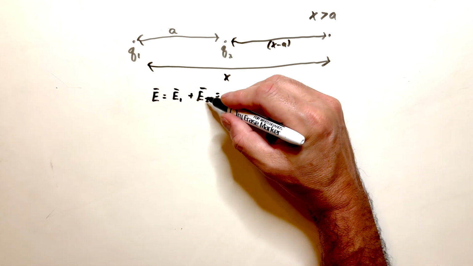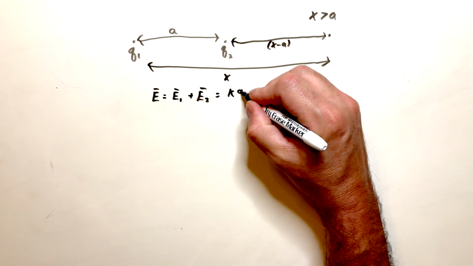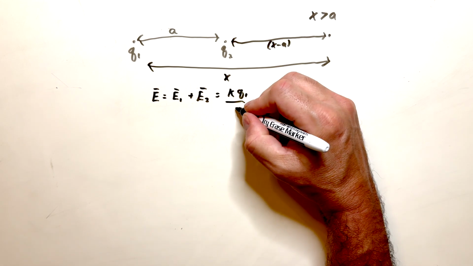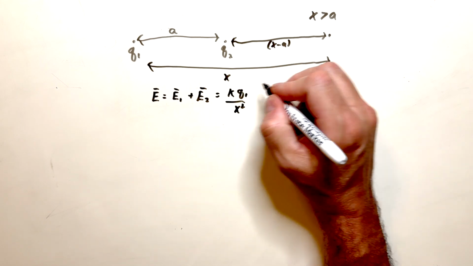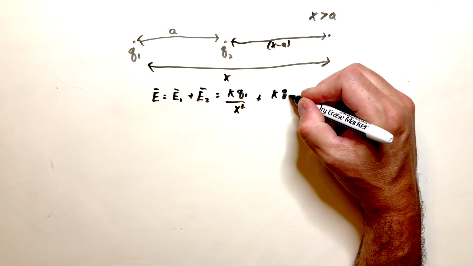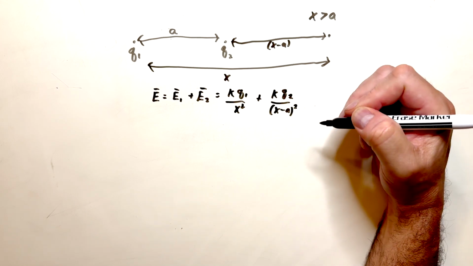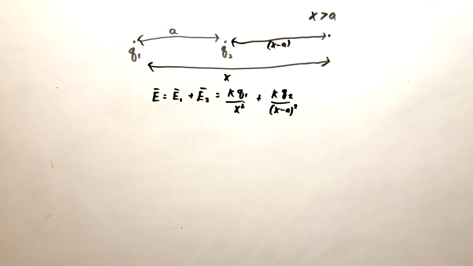So the sign on both of these will be positive, and this is just equal to k Q1 divided by x squared, that's this one here, plus k Q2 divided by x minus A squared. And that is problem number one.